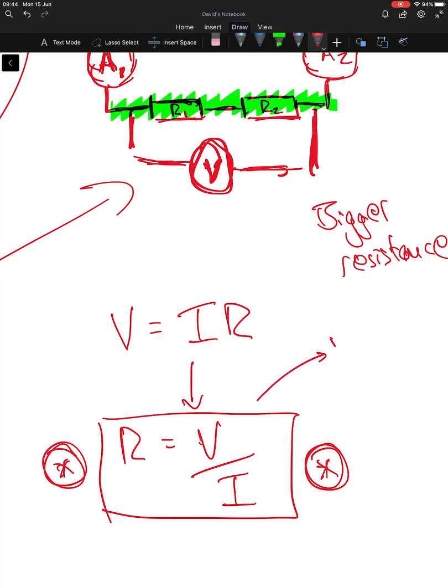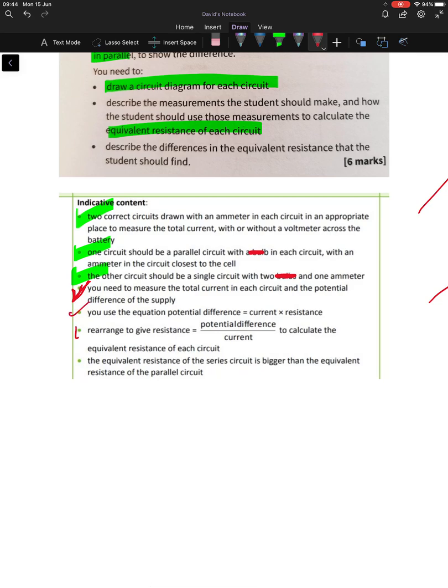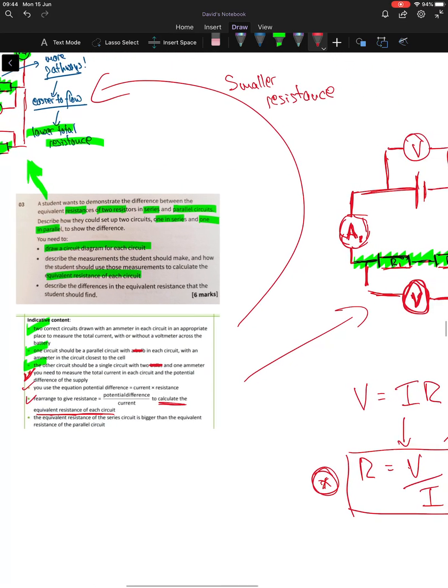So this is the equation that we'd then want to use, taking measurements from both circuits. And then rearrange it, and then we'd use it to calculate the resistances.